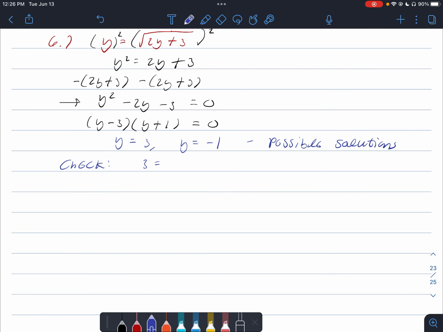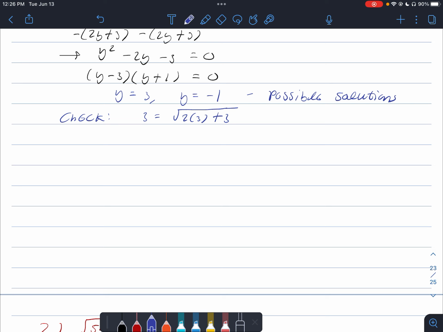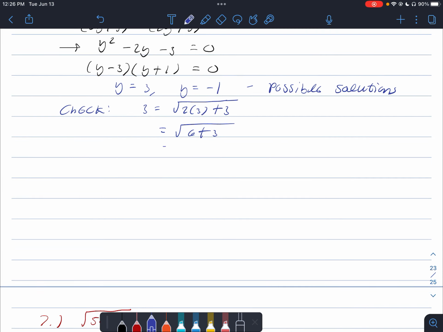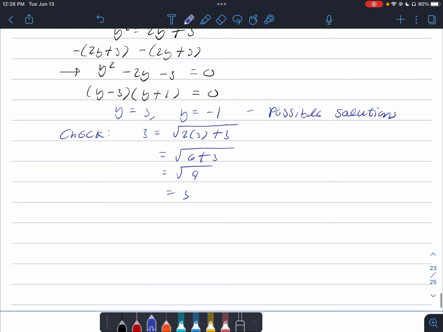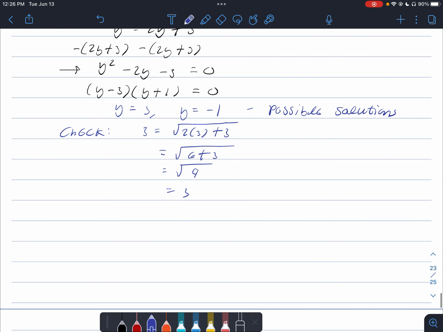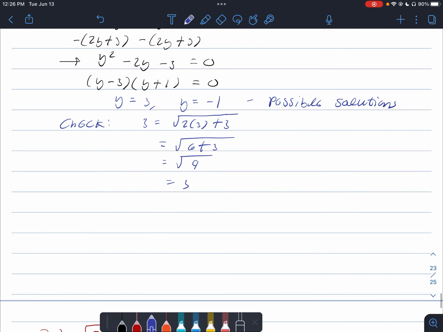We have 3 should be equal to the square root of 2 times 3 plus 3. All right. So then we have the square root of 6 plus 3. All right. And then we have, therefore, the square root of 9, which is 3. So 3 is equal to 3, and therefore y equals 3 must be a valid solution. Okay, so this one is good.